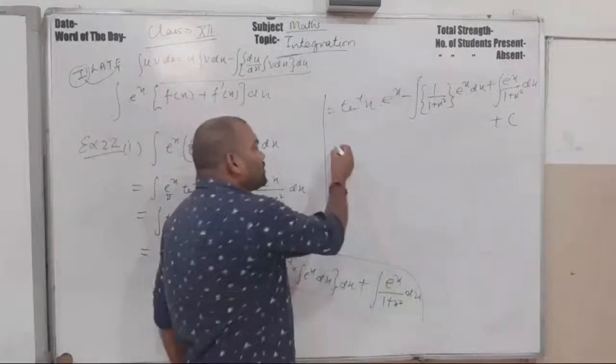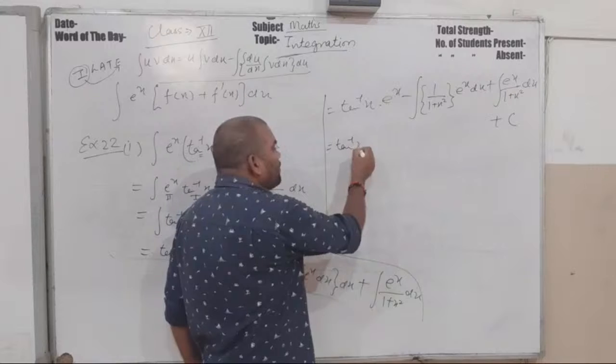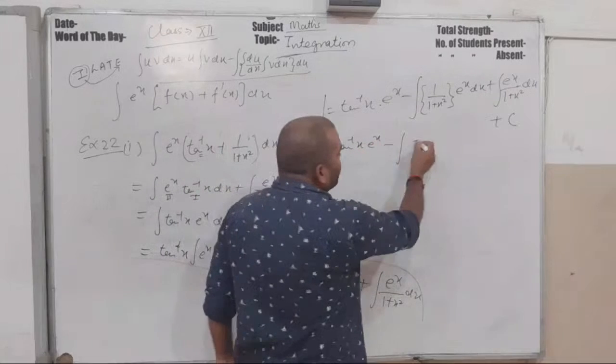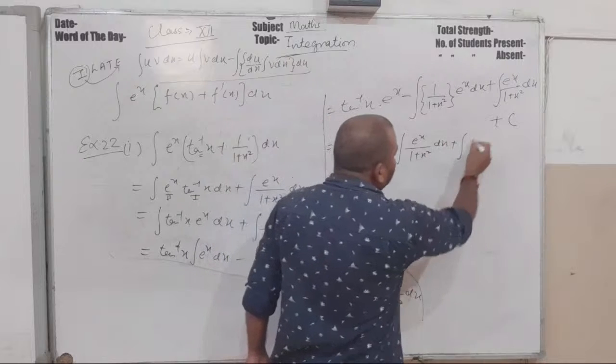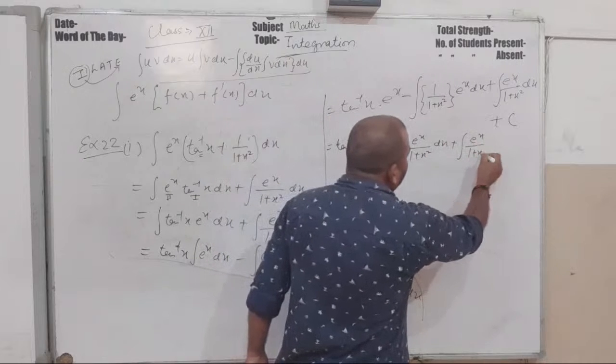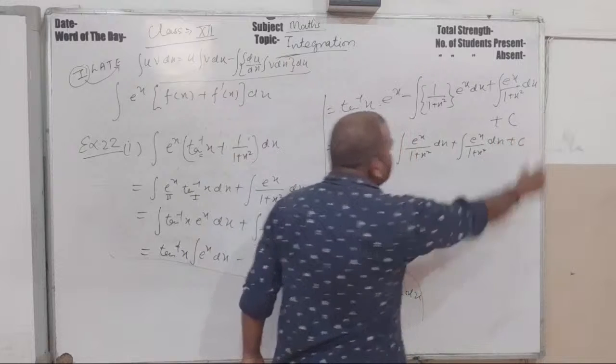Okay. So this becomes tan inverse x e to the power x minus integral of e to the power x upon 1 plus x square dx plus integral of e to the power x upon 1 plus x square dx, and plus c.